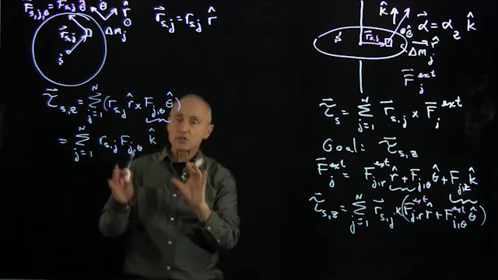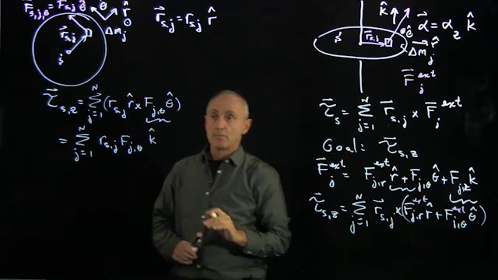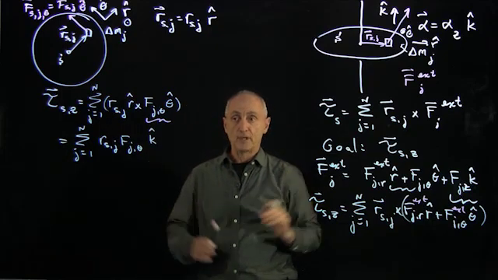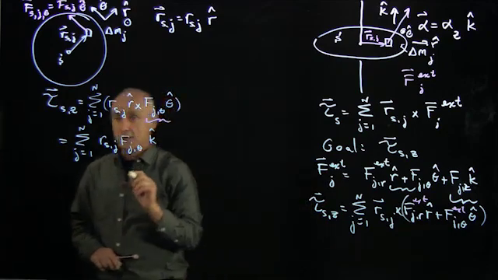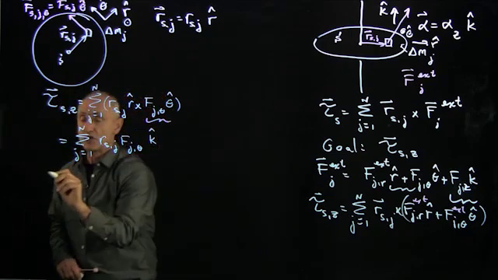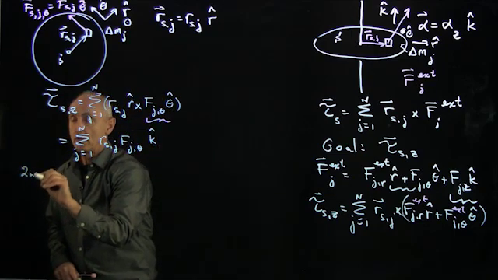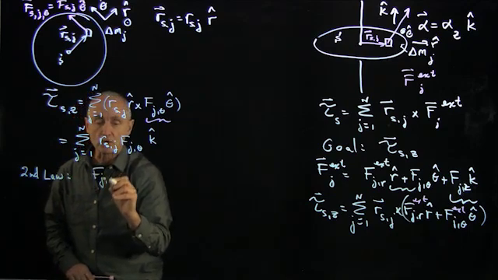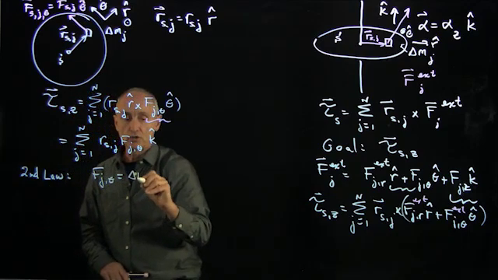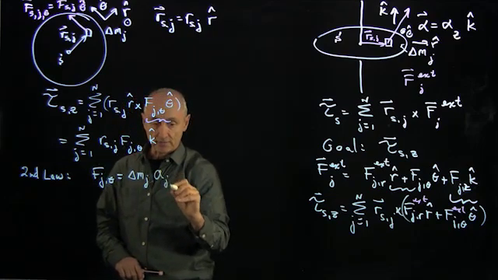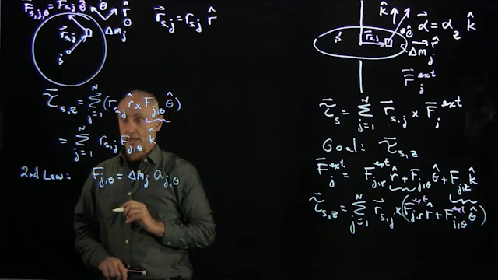Now, that's just the calculation of the torque. But as always, it's crucial to understand where Newton's second law appears in these calculations. And Newton's second law for this mass element delta mj is telling us that the tangential force is proportional to the mass element times the tangential acceleration of that mass element.